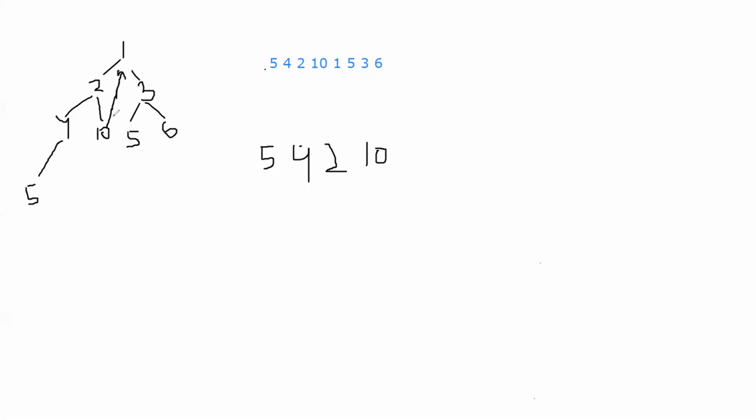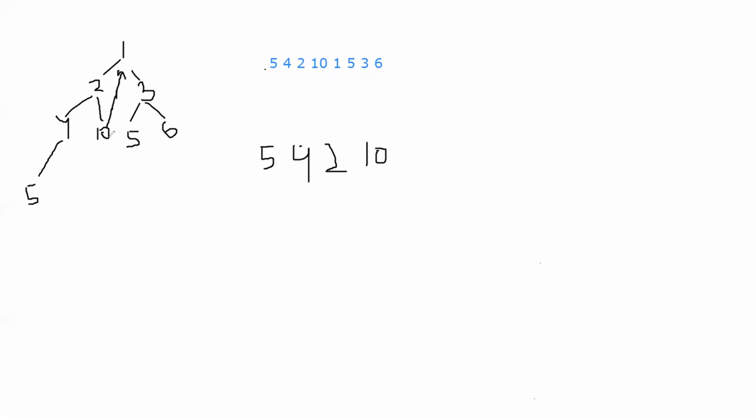1, which is right. Wait, why 1? I thought we were going to point to the parent, but this one we point to the grandparent. So basically, I have put 1 as the right child of 10. If you see, there was no right child of 10. I just linked 10 and 1 as a right child.